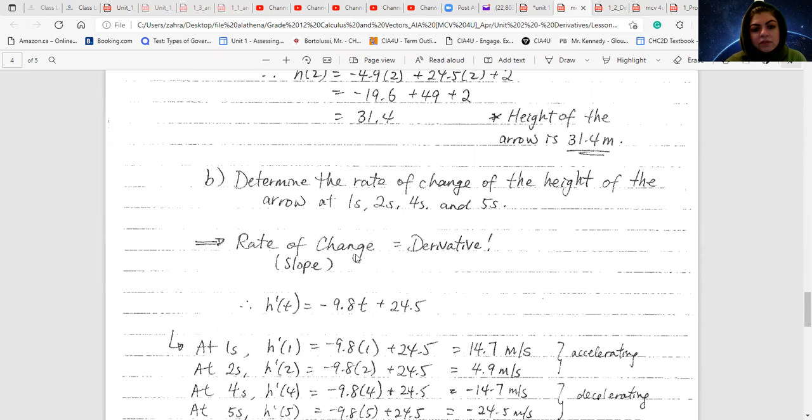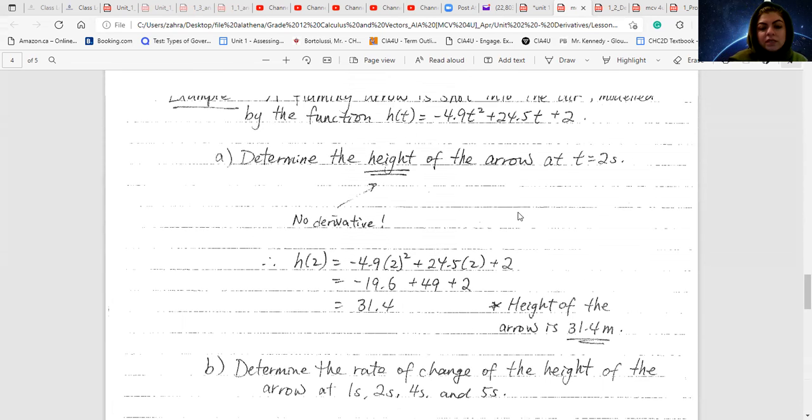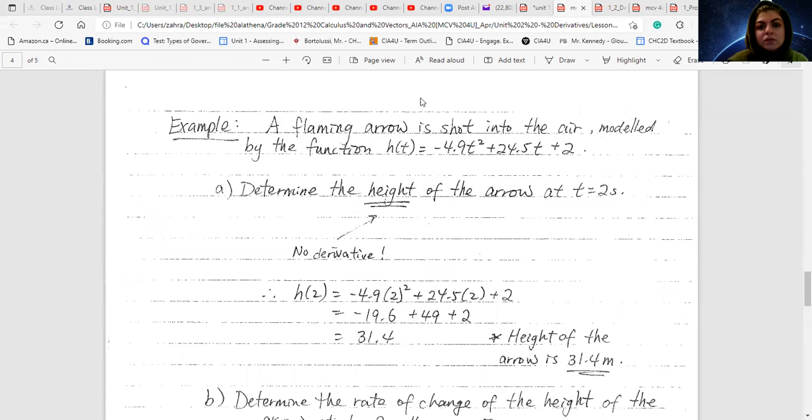The next question said determine the rate of change of the height of the arrow at 1 second, 2 seconds, 4 seconds, and so on. Rate of change is the slope. The slope is derivative. What you do, you just take a derivative of that. You need to apply the power rule, right?